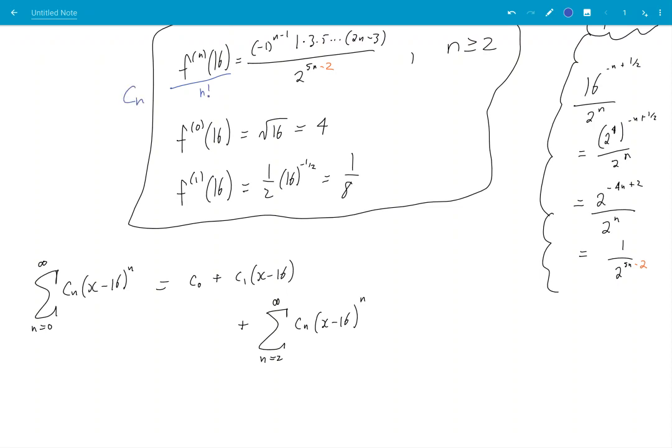So Cn equals this thing. So I'm going to put an n factorial just right there. Not sure if I mentioned it, 0 factorial is 1 by convention. And 1 factorial is also 1.